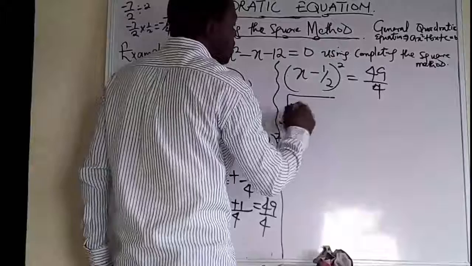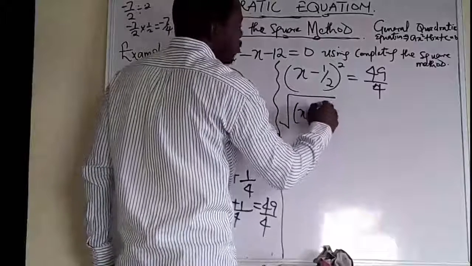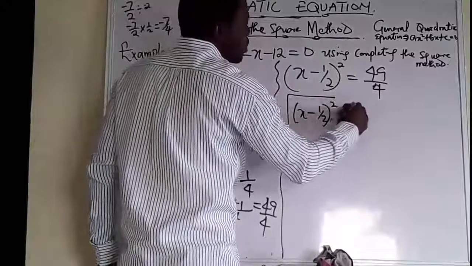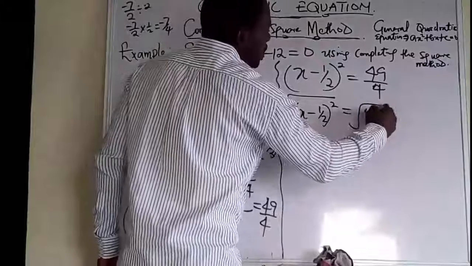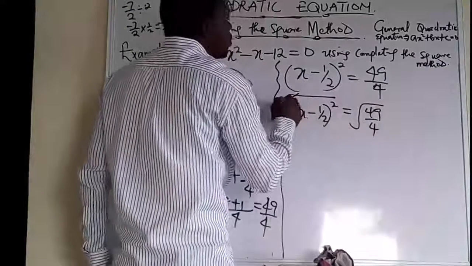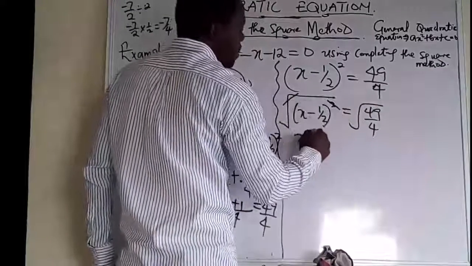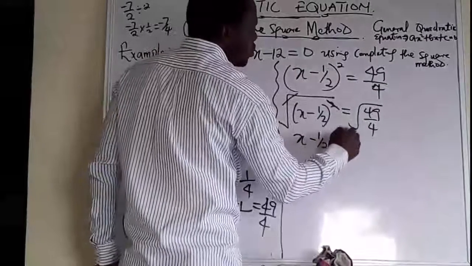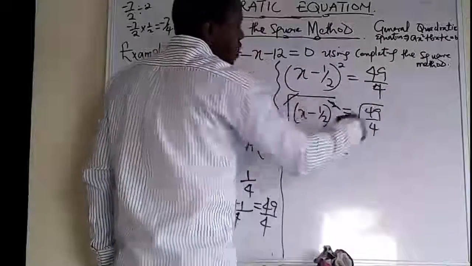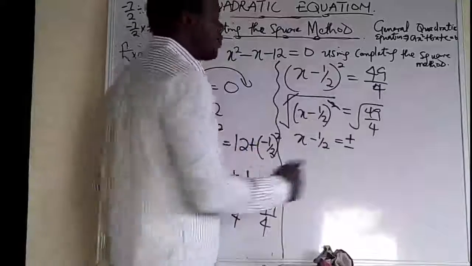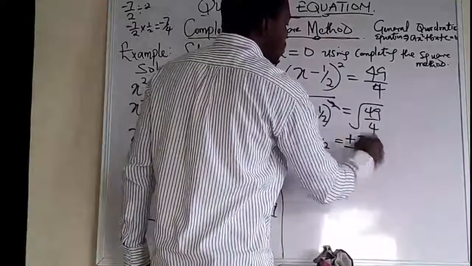The square root cancels the square, and we have x minus 1 over 2 equals plus or minus, because when you take the square root of something, plus or minus 7 over 2.